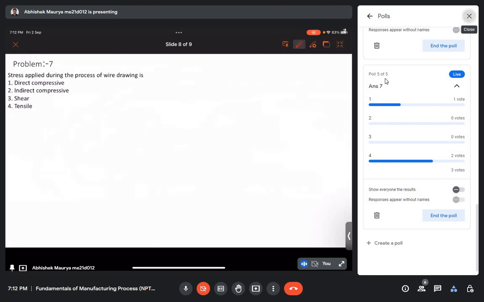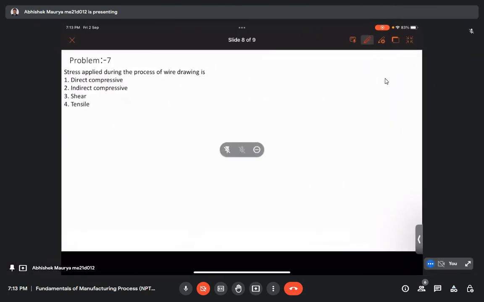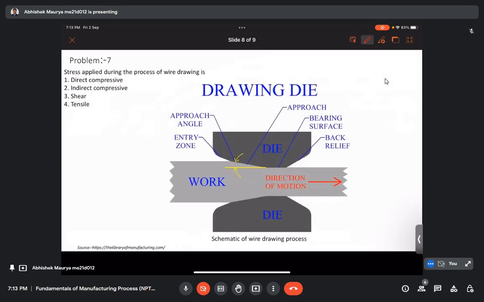Two of you have got the correct answer. So let's quickly look at the process again. How is this wire drawing done? Initially we have a bar, and we have a die, something like that, and we try to put the bar in the die.